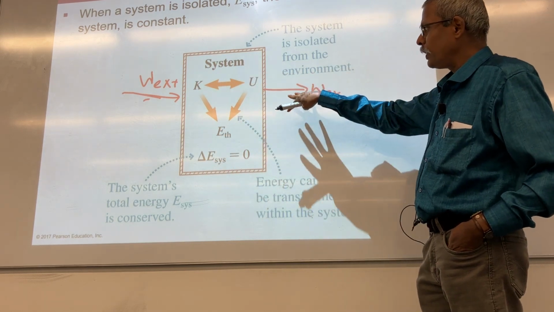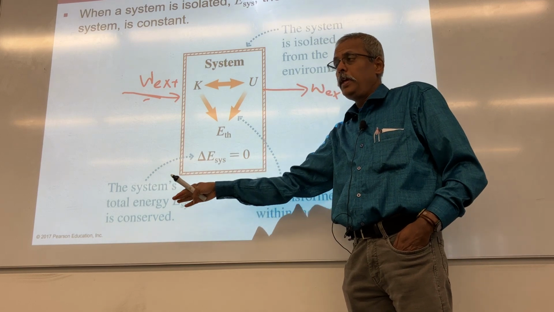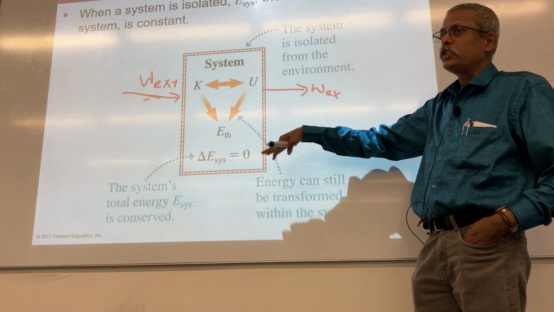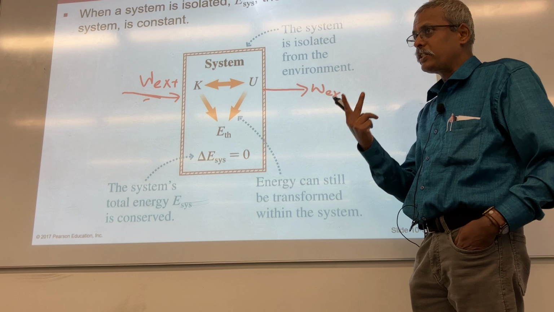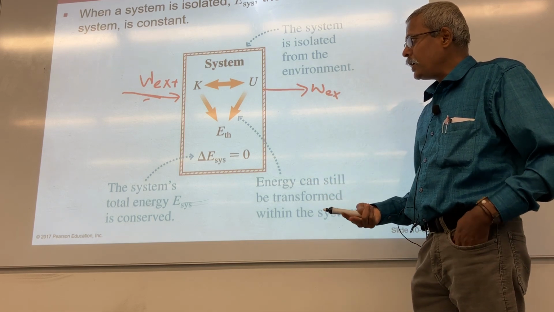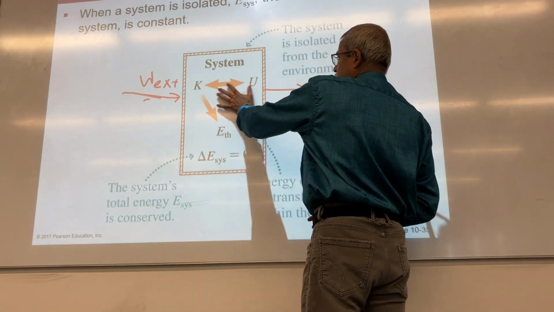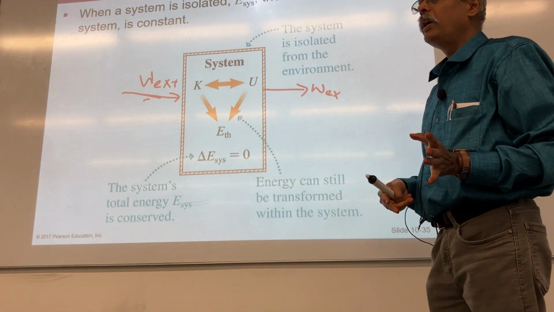So here the outside is an energy transfer, but inside is energy transformation. There's a fine line between transfer and transformation. You are doing some work onto the system, but within the system there is a change.